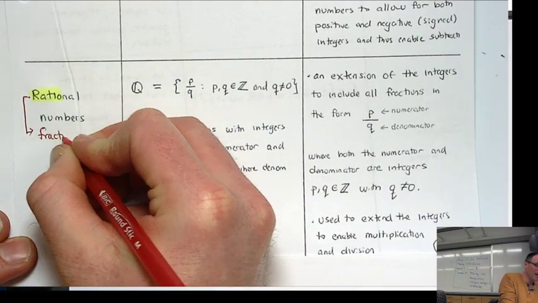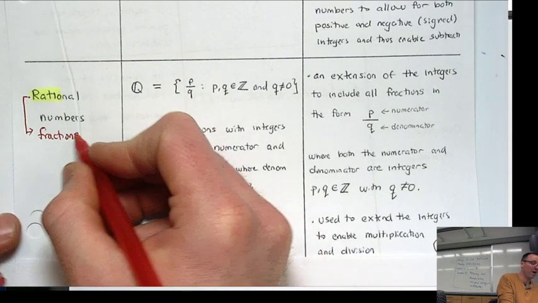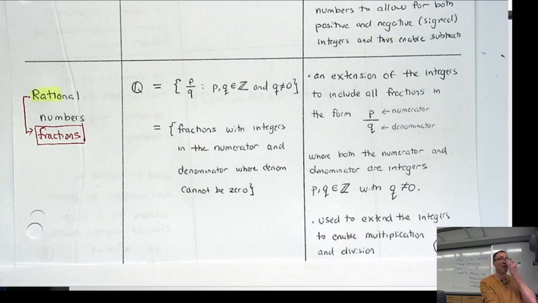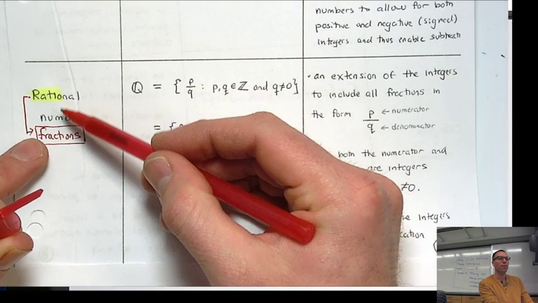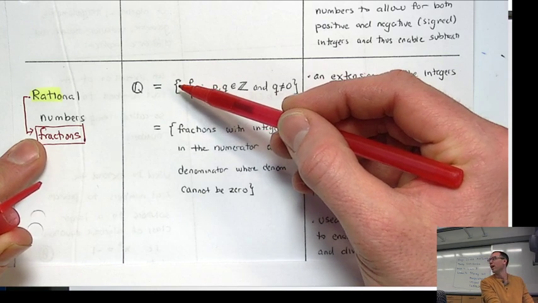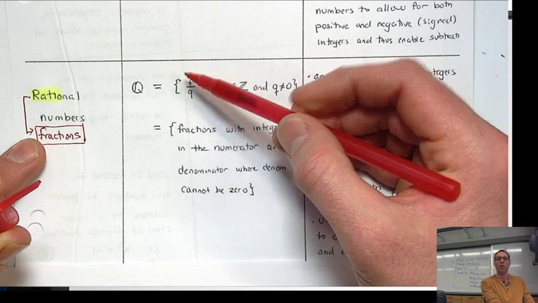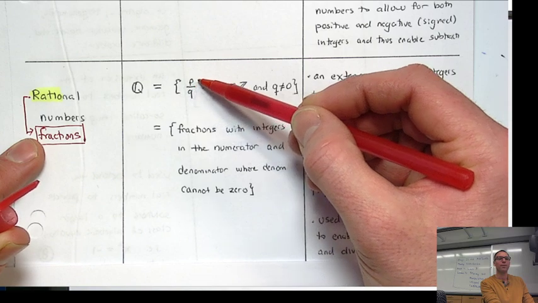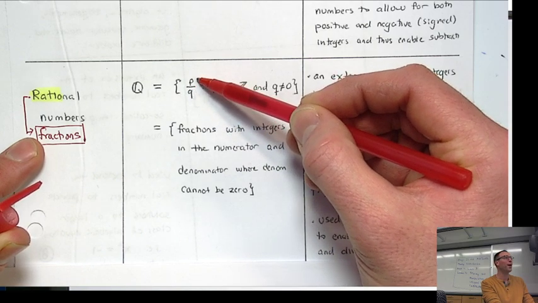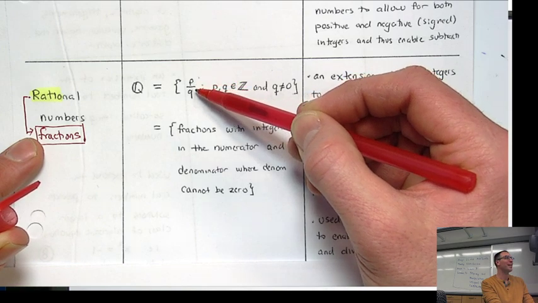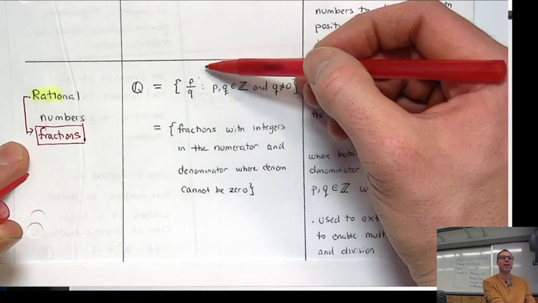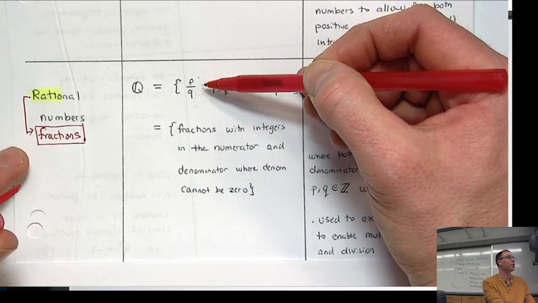Fractions. And what's really, really cool about ratios, or what we call rational numbers, is that we can write every rational number as a fraction involving what? Integer divided by integer, right? Every rational number we can write with an integer in the numerator and an integer in the denominator.